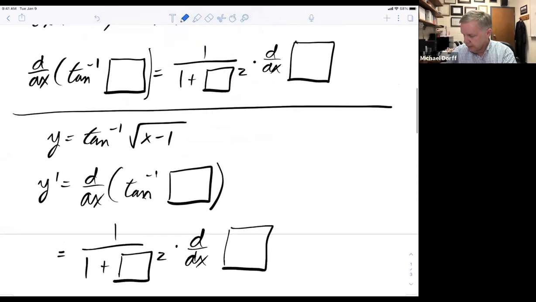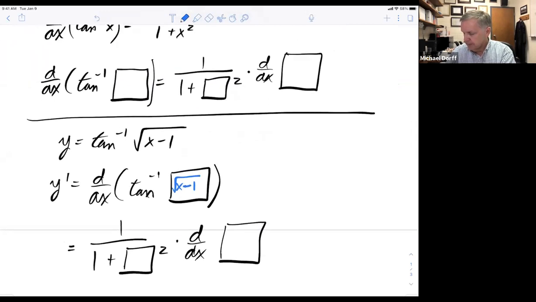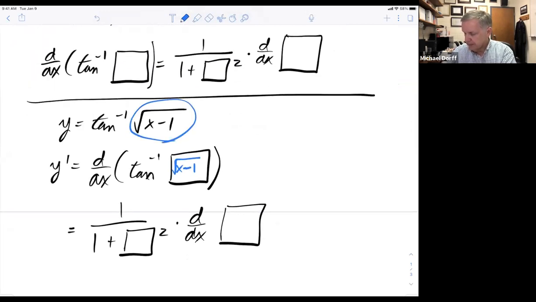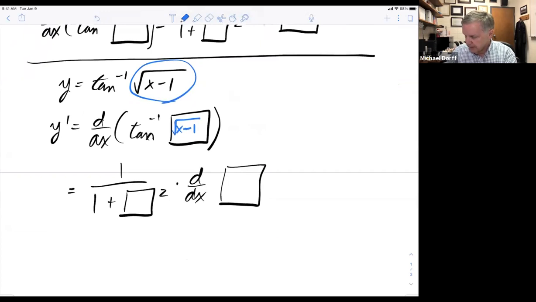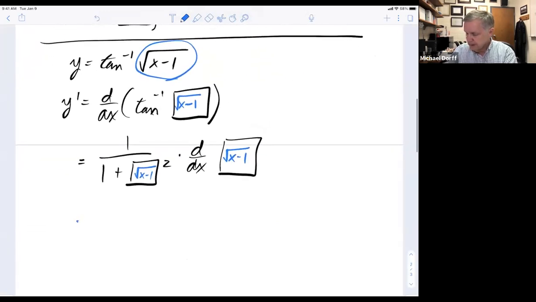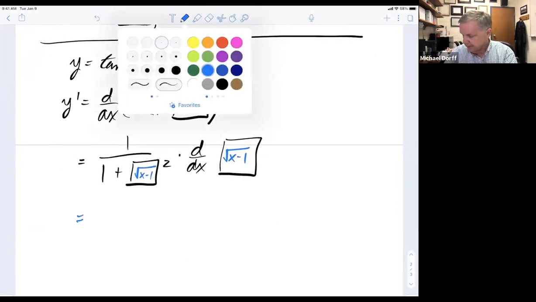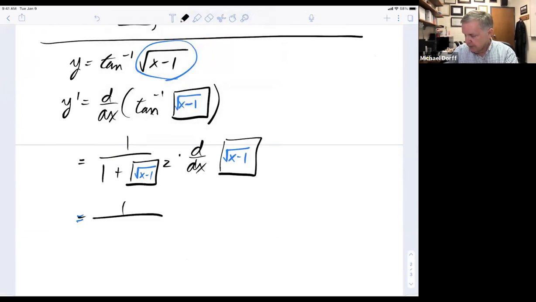What goes in the box is the square root of x minus 1, because that's what we have here. When I simplify, I have 1 over 1 plus the square root of x minus 1 squared, which just gives me x minus 1.